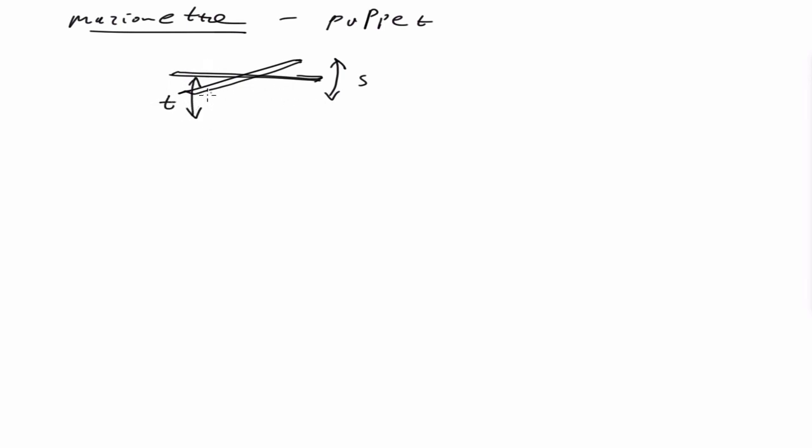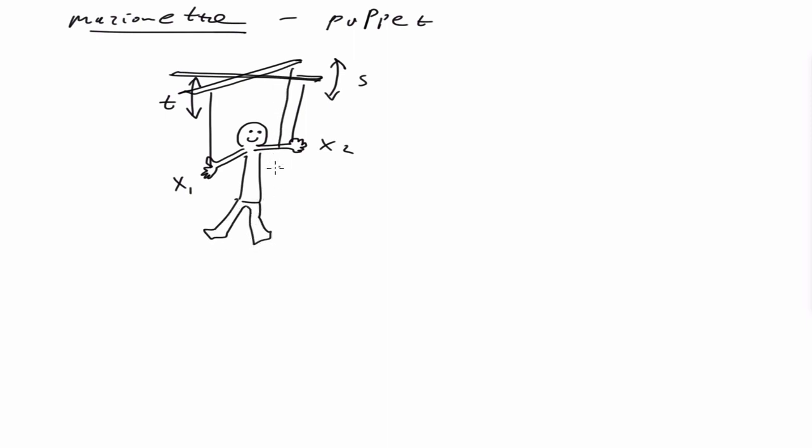And there are strings attached. Our puppet has arms like that, and they're connected. Maybe this will be x1, and that'll be x2, and then the puppet might have legs like this, also attached by strings. And that'll be my x3 and my x4. Again, this is just a metaphor.